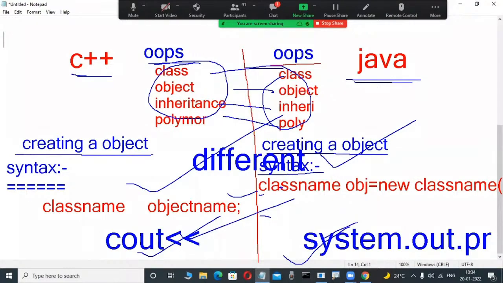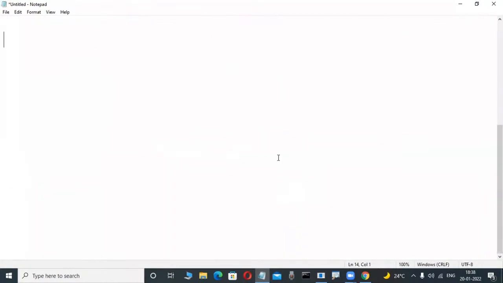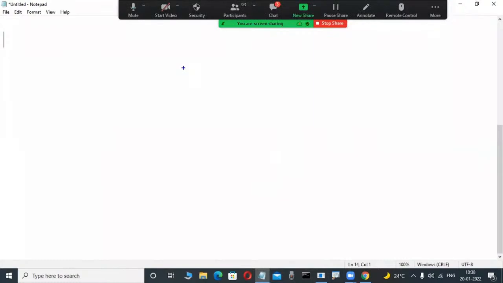Same thing here also, observe. SQL is an ANSI standard language. ANSI, the American National Standards Institute, defines some standards for the SQL language.